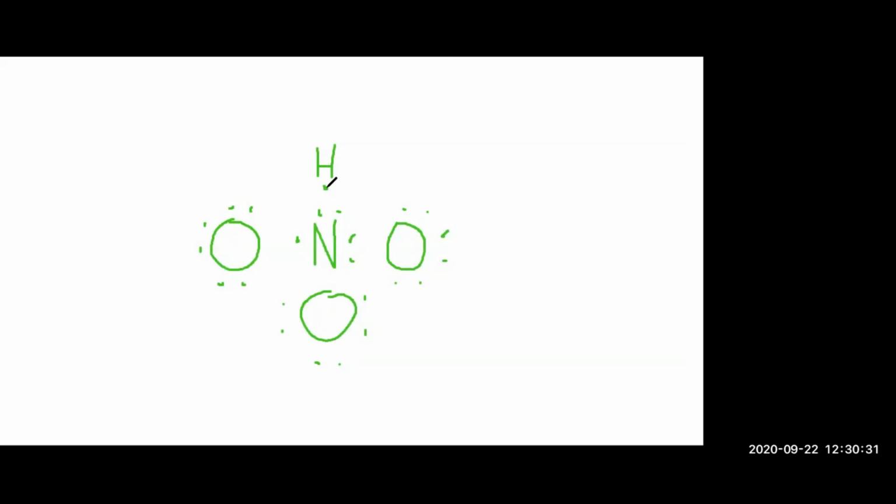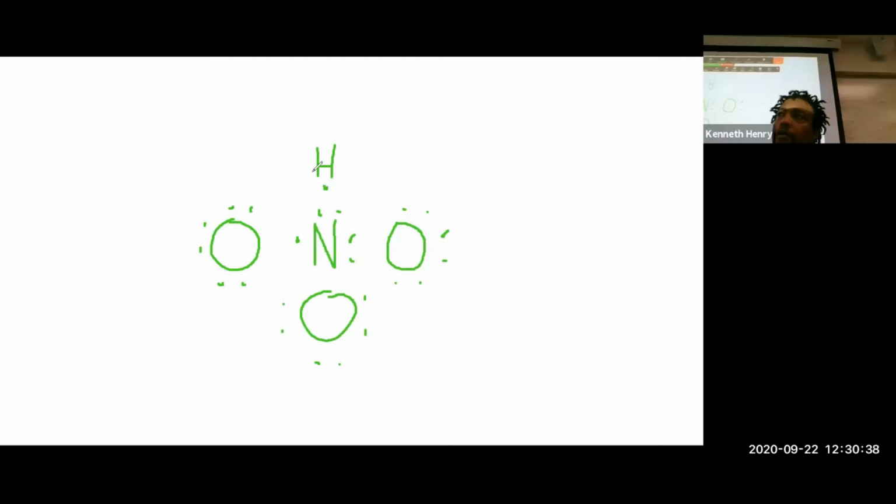So we have 24. Okay, so if we have a bond between the hydrogen and the nitrogen, that would be one bond.